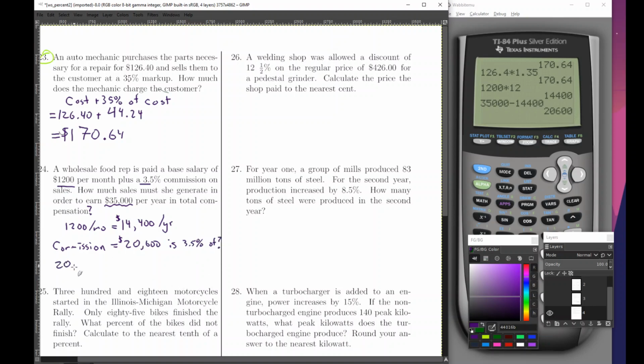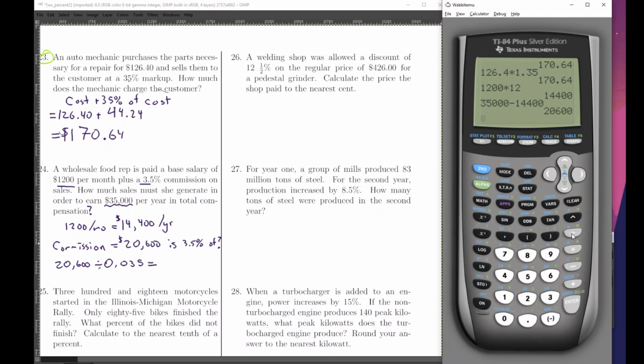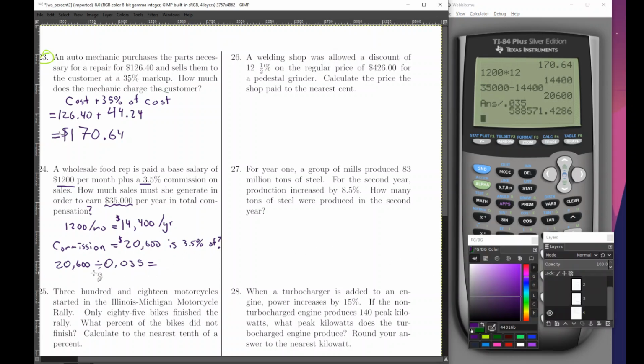We're going to have to take 20,600 and divide it by 0.035. Oh my goodness, this is going to be a really big number. What do we get? $588,571.43. My goodness, that's a lot.